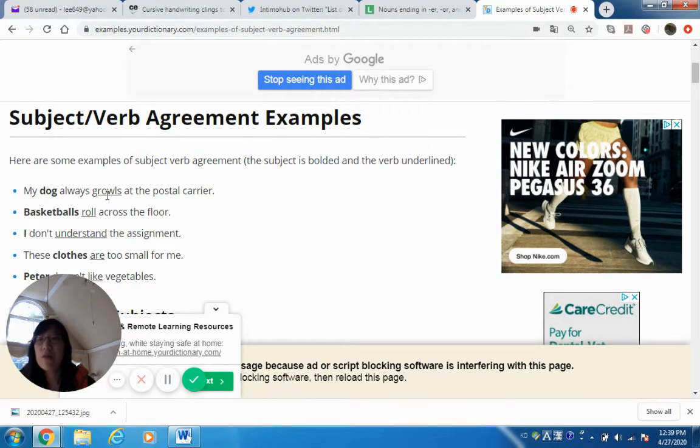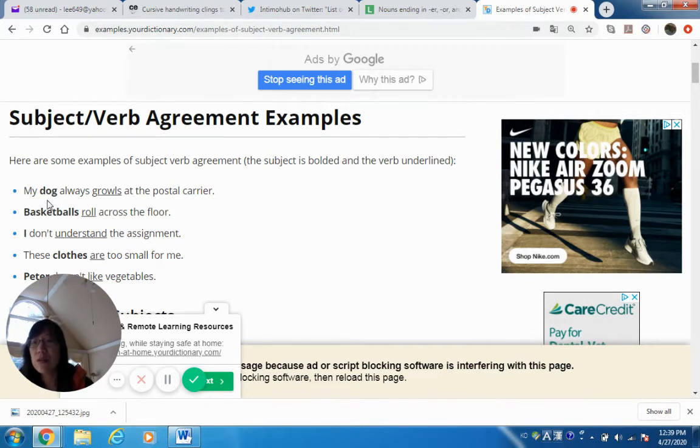Anything after the verb, you call it predicate, but you don't really need to know. You just need to find the verb. Anything that comes before is the subject. So my dog is the subject. Always, that's an adverb. We don't consider it. The subject is going to be a noun. So dog is the subject, and it's only one.